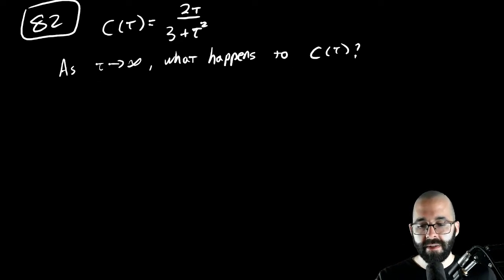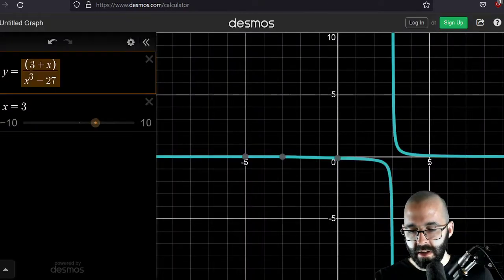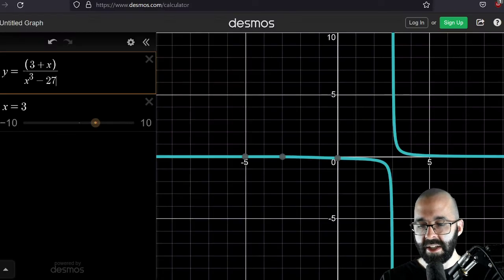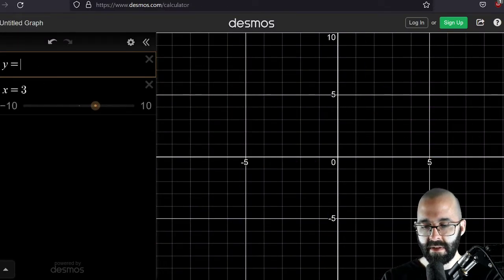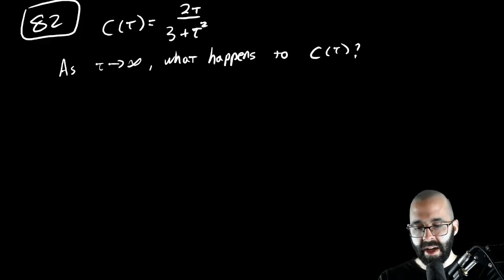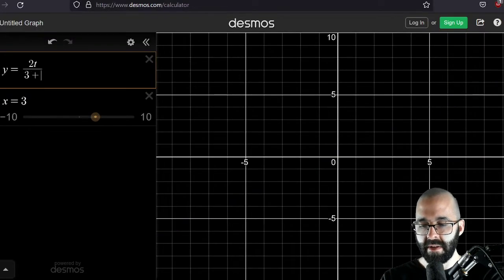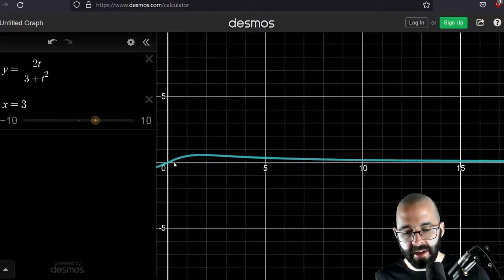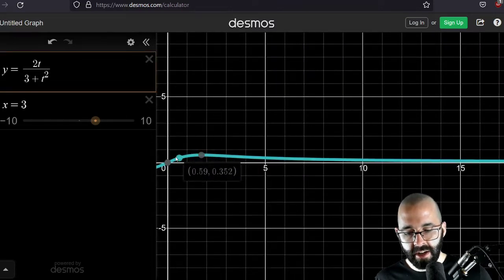Let's look at it graphically. This concentration is equal to 2T divided by 3 plus T squared. So as time goes on, as T gets further and further, oh, interesting.